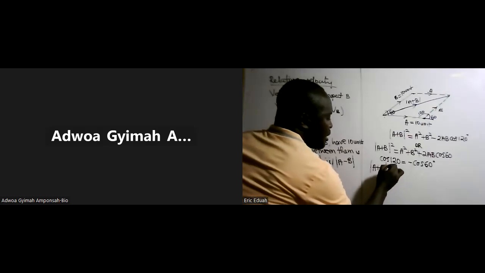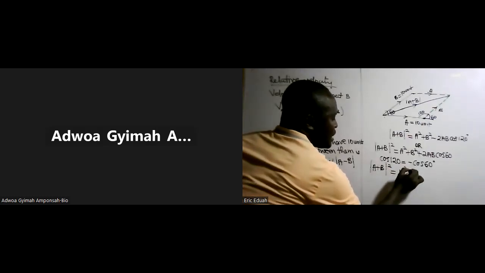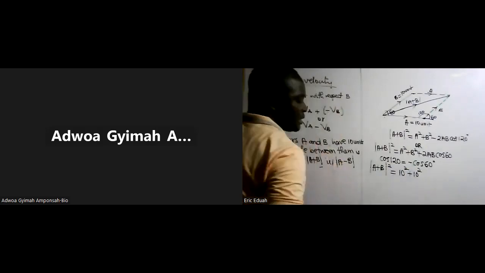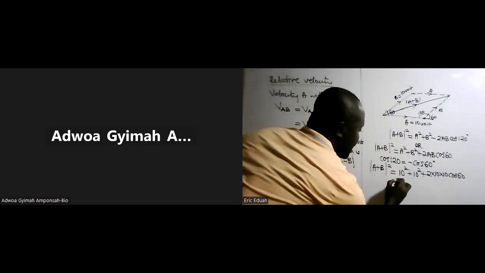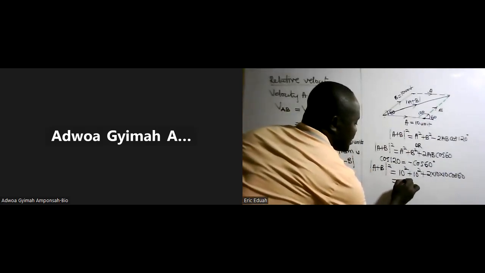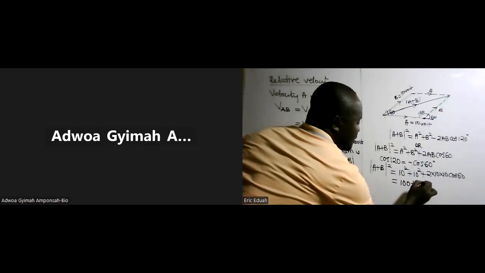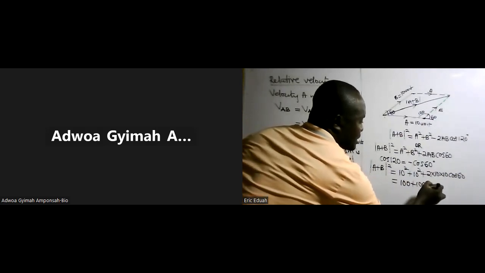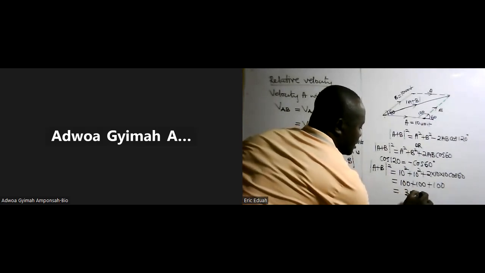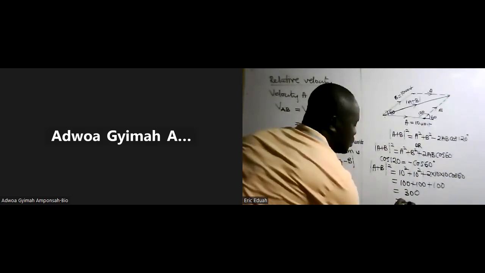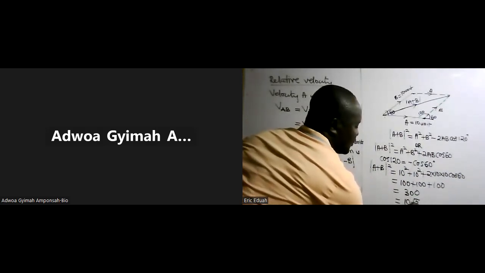Therefore, A plus B squared equals 10 squared plus another 10 squared plus 2 times 10 times 10 cos of 60. Cos 60 is half, so we have 100 plus 100, cos 60 is half, so they will cancel out, plus another 100, giving you 300. 300 is equal to 10 roots of 3.